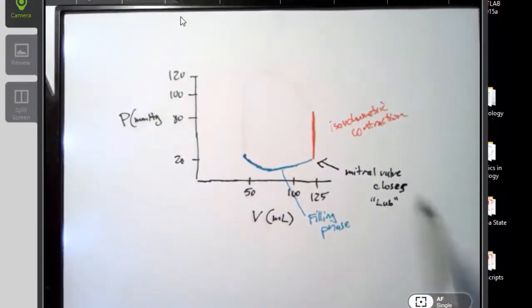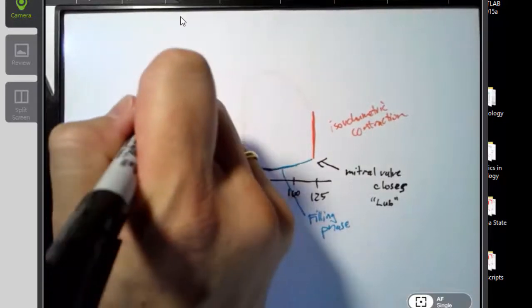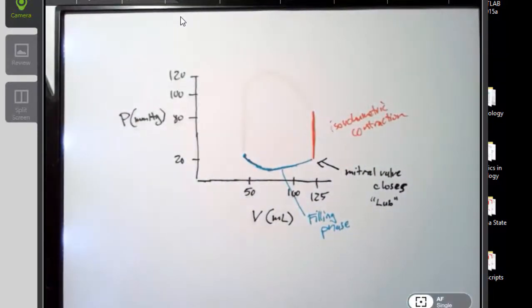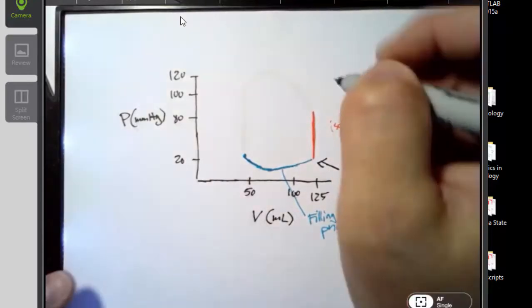So remember, there's residual pressure in the aorta. Let's say it's 80 millimeters of mercury. Since the left ventricle is contracting very strongly, at some point this pressure in the left ventricle exceeds that of the aorta. So the aortic valve opens.